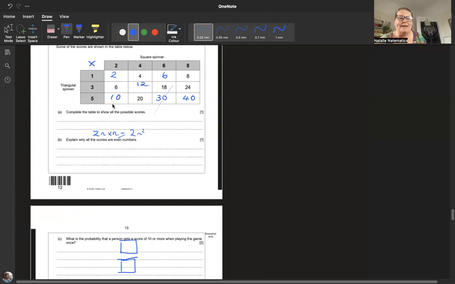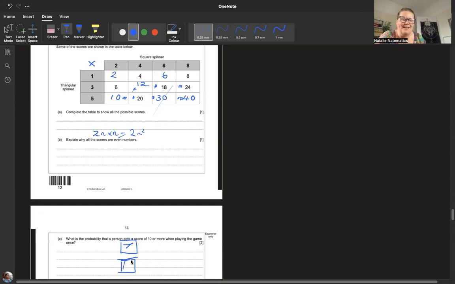I'm going to look in this table and see, there's 1, 2, 3, 4, 5, 6, 7 numbers that are 10 or more. And then the number on the bottom will be how many options there are altogether, so that is the numbers in the table. So 1, 2, 3, 4, 5, 6, 7, 8, 9, 10, 11, 12.